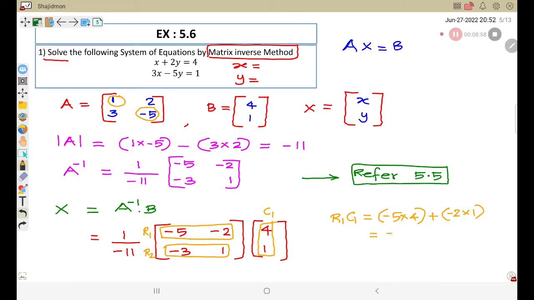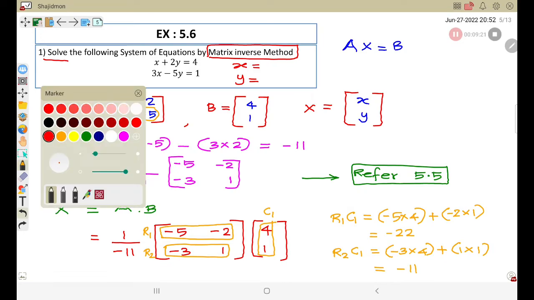So you get -22. Then row number 2 with column number 1. Row 2 means -3 and 1: -3 multiplied by 4 plus 1 multiplied by 1. So -12 plus 1 is -11. I hope you understood.